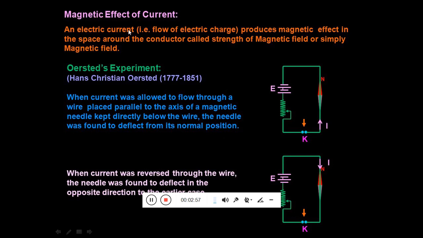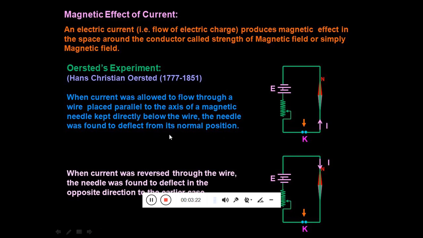So an electric current, that is flow of electric charges, because flow of electric charges makes electric current, produces a magnetic effect in the space around the conductor called magnetic field. Now this was the Oersted experiment, when current was allowed to flow through a wire placed parallel to the axis of a magnetic needle kept directly below the wire.